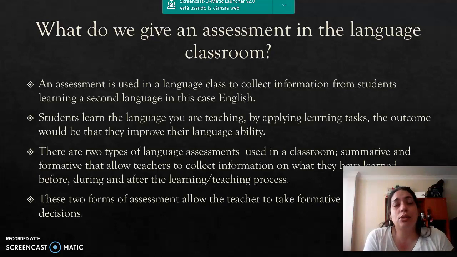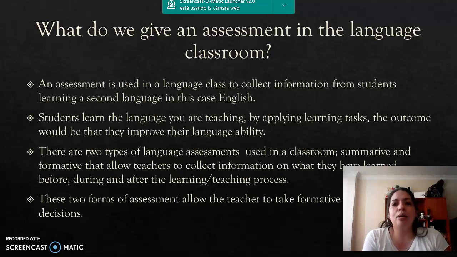Now this can be in a school, this can be in an institution, or they could be applying for a specific certification. When we discuss assessment, we need to understand that there are two types of language assessments used in classroom. These can be implicit or explicit.